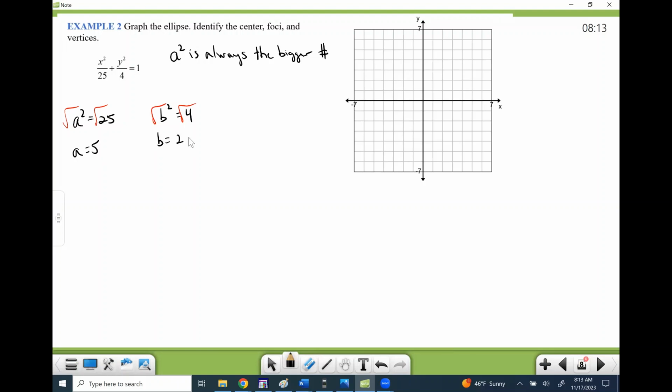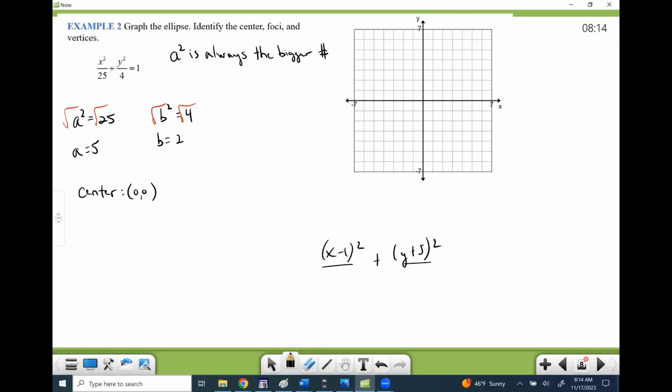Okay. All right, then the center for this ellipse, if you're looking at the X and the Y's, there's nothing after them. So our center is going to be 0, 0. And what I mean by there's nothing after them is we could easily have X minus 1 squared and Y plus 5 squared, right? And in that case, it would be 1, negative 5 for the center.